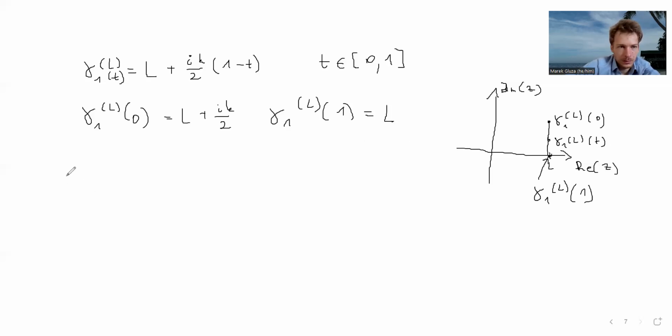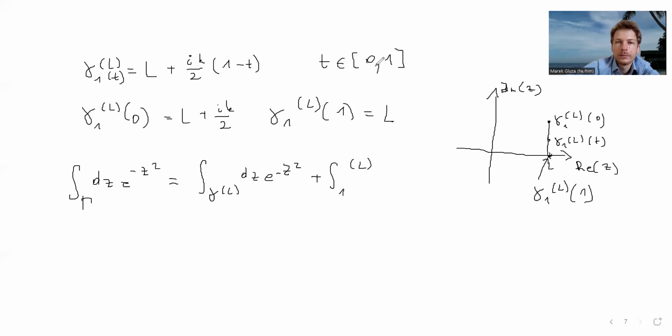Now what I can do is to write that the integral over gamma that I wanted to consider in the first place, e^(-z^2), is the sum of the integral over gamma L dz e^(-z^2) plus the integral over gamma 1 of L dz e^(-z^2) plus the other contours.